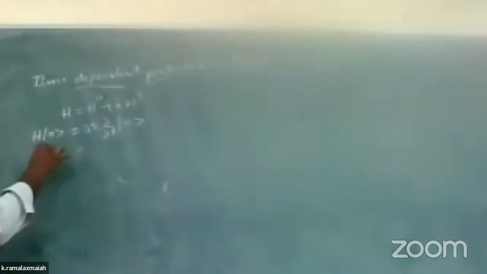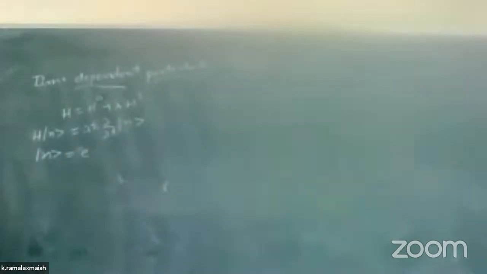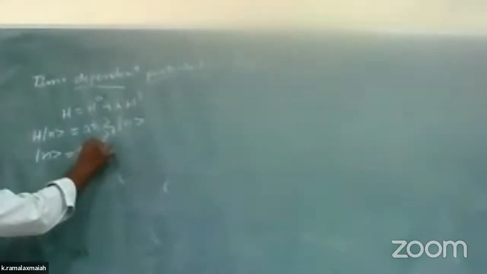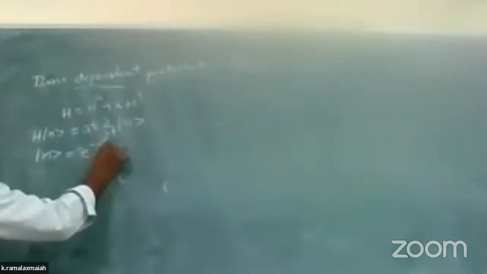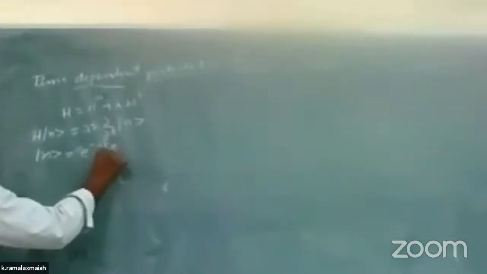In the case where the energy of the system is constant, the time evolution of the unperturbed wave function is ket psi n equal to e power minus i E n naught t by h cut, ket psi n naught.